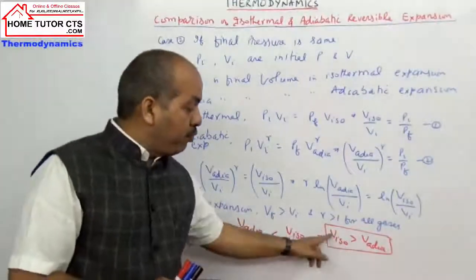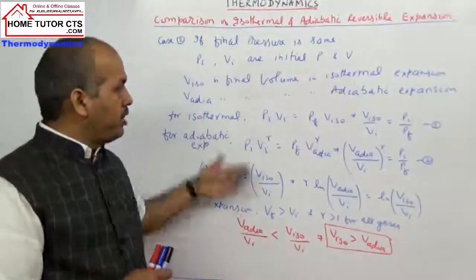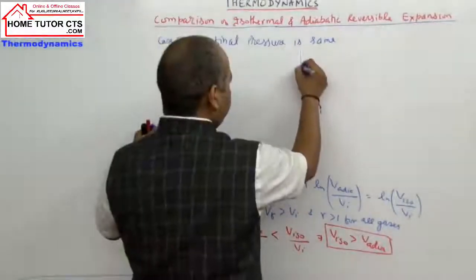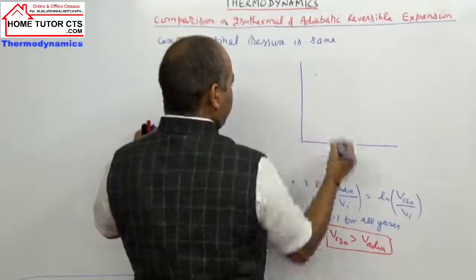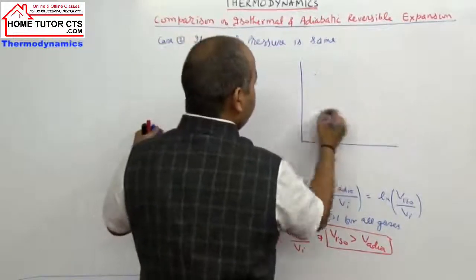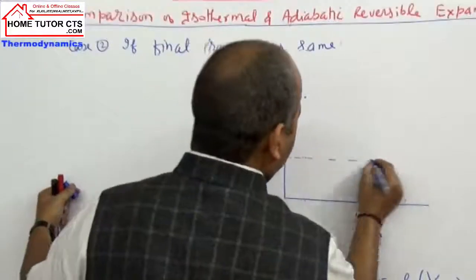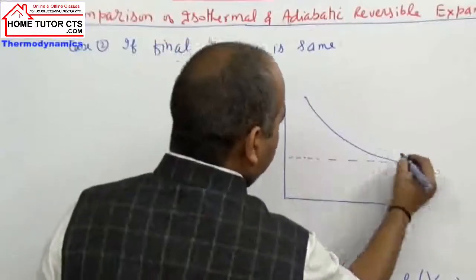When this final volume is higher, the work done is more. We can see this expression also graphically, as this result to compare. We have the same final pressure. Let's say it is the final pressure. The gas is in expansion.